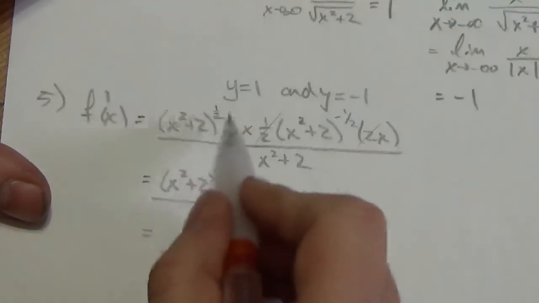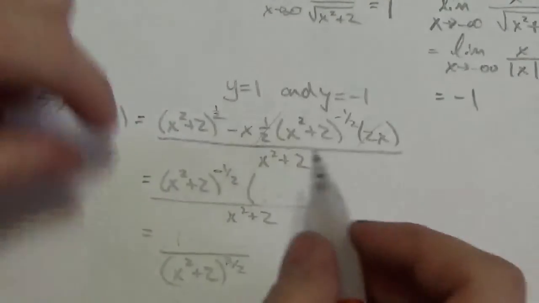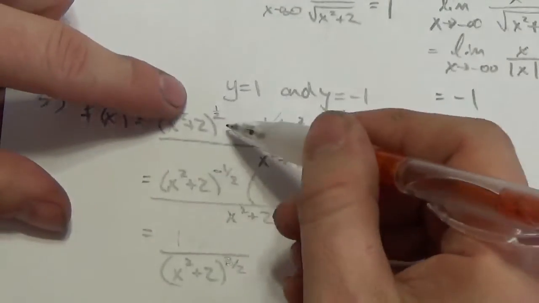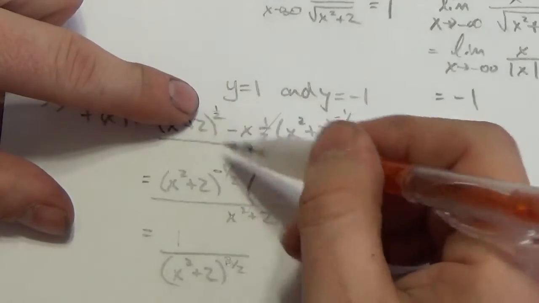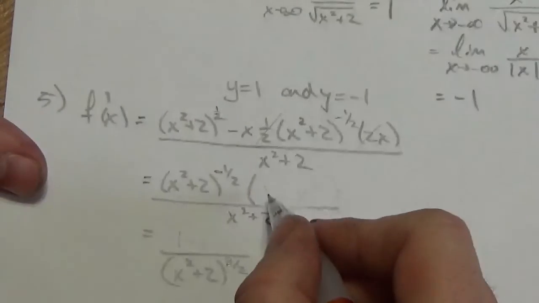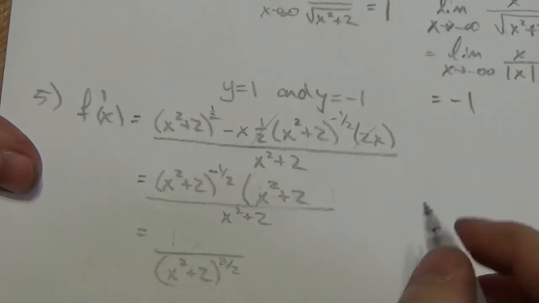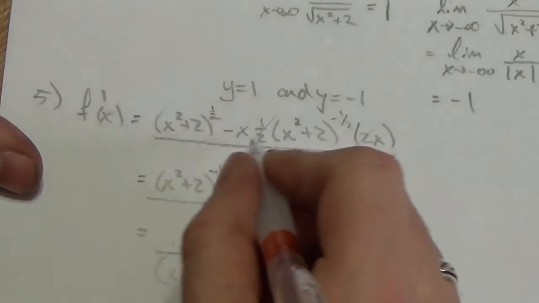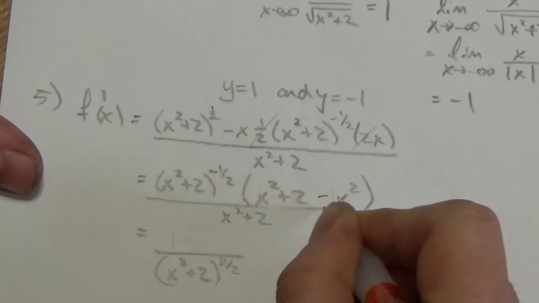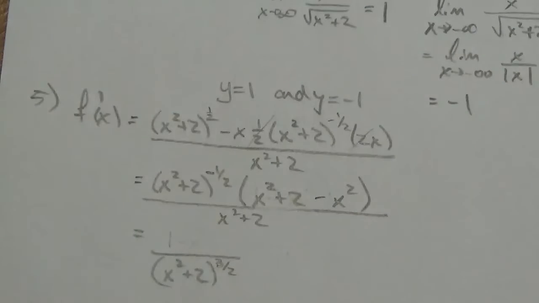So when I factor that out of x squared plus 2 to the 1/2, I got to divide those powers, which means subtracting exponents. 1/2 minus -1/2 is 1. That actually is going to leave me with an x squared plus 2 there to the 1 minus x squared. Oh, this is a lot nicer than I was about to make it. Whoa, wow, I'm glad I caught that.